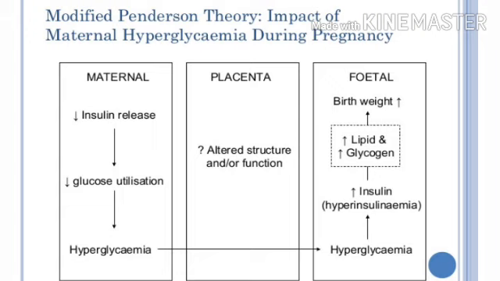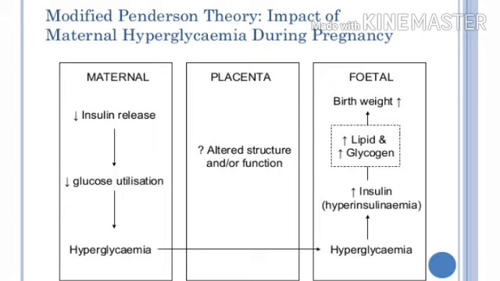So there is an increased blood glucose level in fetal blood that will result in increased insulin production from the fetus. We know that insulin is a growth factor. Therefore, due to the increased production of insulin, there will be increased weight of the fetus. That condition is called macrosomia, increased weight of the fetus.